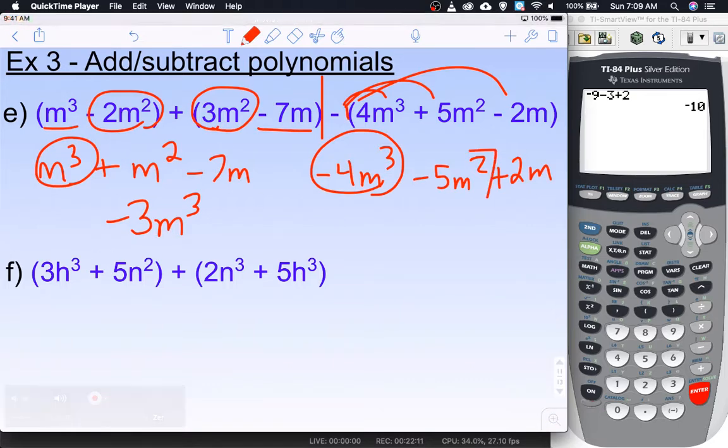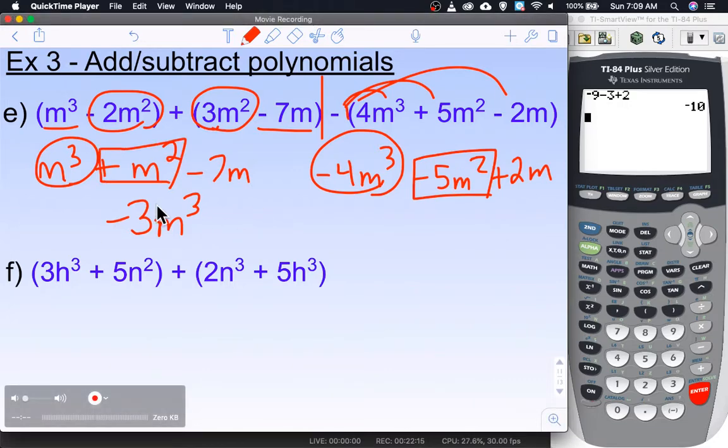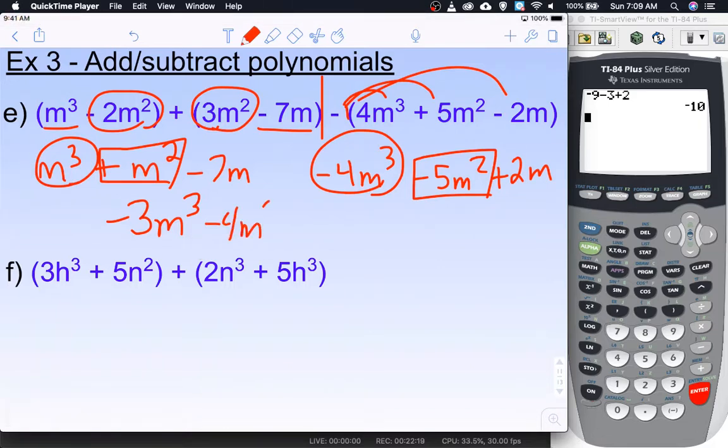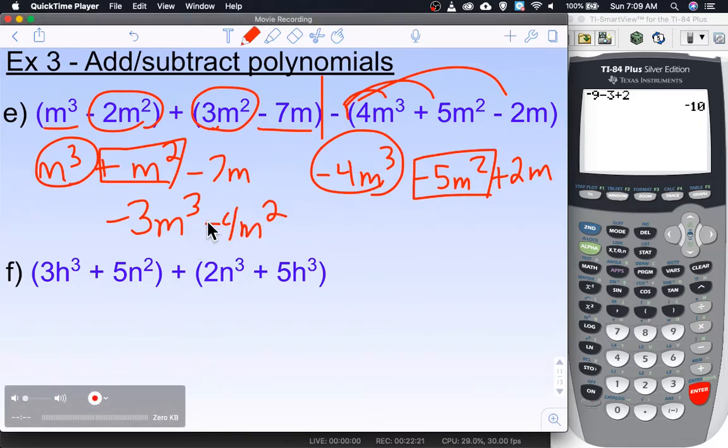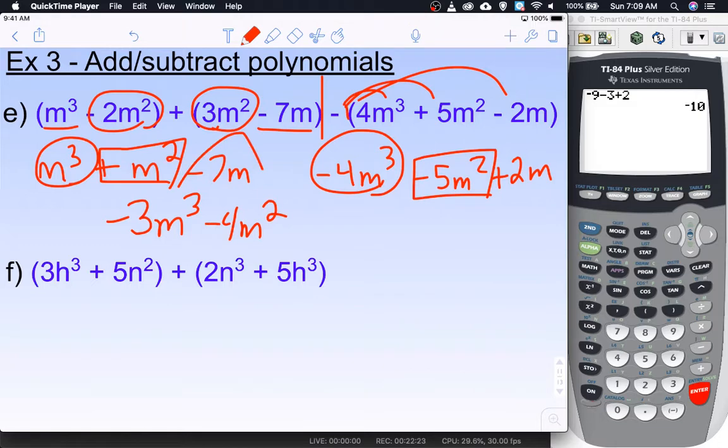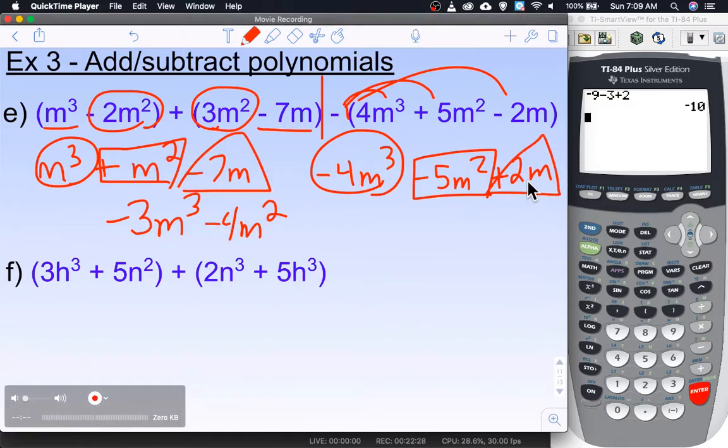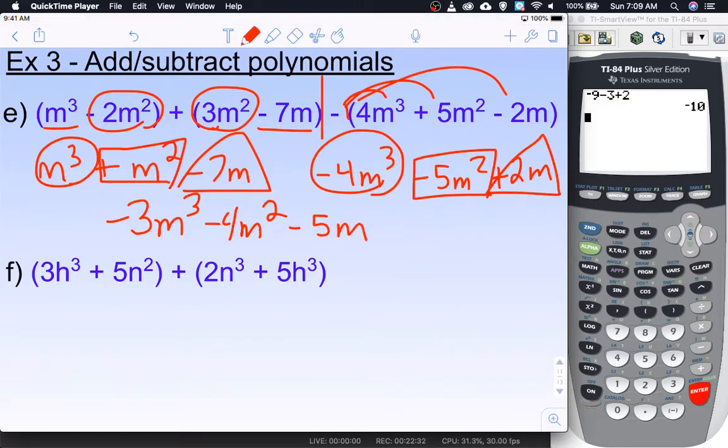My m squareds, I have -5 and a +1, giving me -4m squared. My m's, I have -7 and +2, giving me -5m. And I've used up all my terms, so that is our simplified polynomial expression.